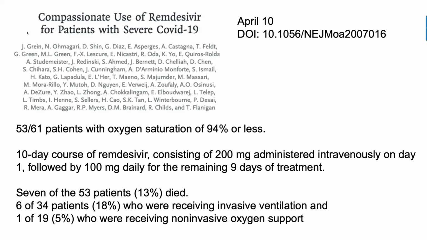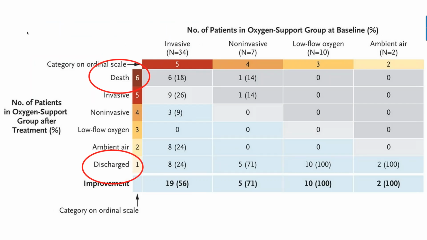It looked at the compassionate use of remdesivir in COVID-19, essentially through an emergency access program from the company, and evaluated a 10-day course consisting of 200 milligrams on day 1, followed by 100 milligrams for days 2 through 10. You can see that 53 patients were enrolled, some of whom were receiving invasive mechanical or ventilatory support, and some were receiving non-invasive support.